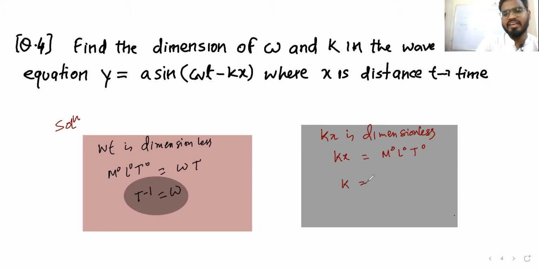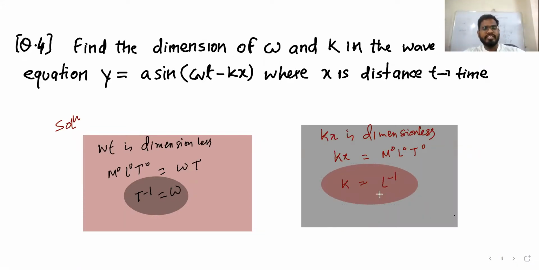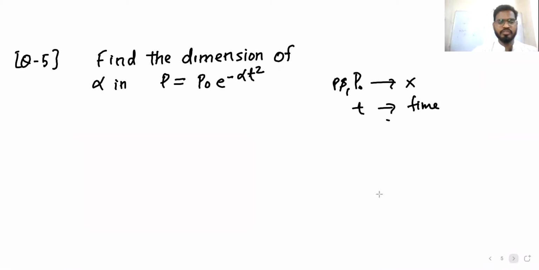So that x will go to that side, ultimately. So it will become L to the power minus 1. So that is k as well as x. The concept here is theta is dimensionless. That's it. If you understood that, you can do these questions.